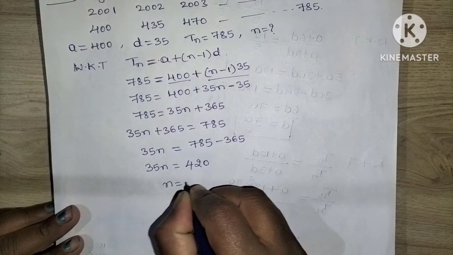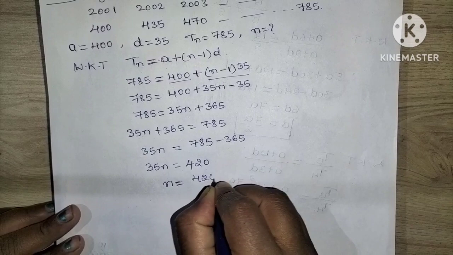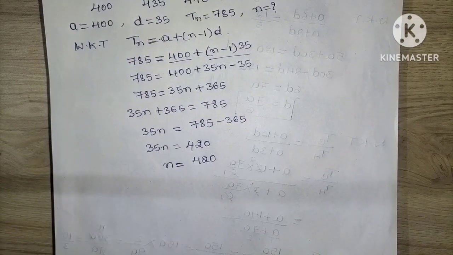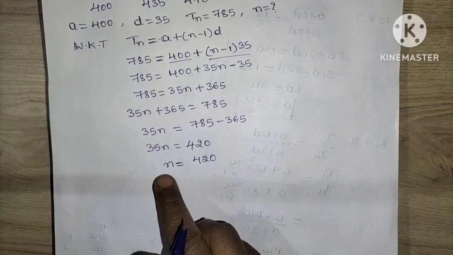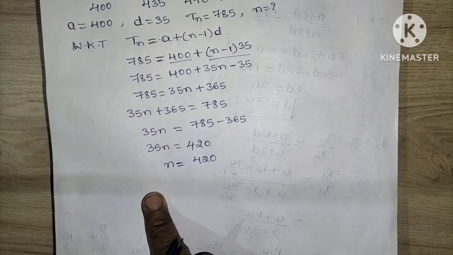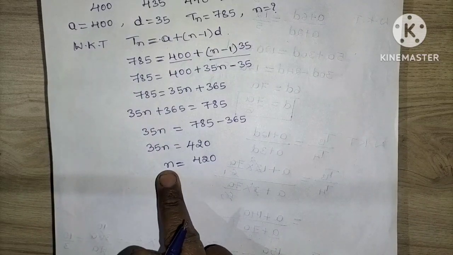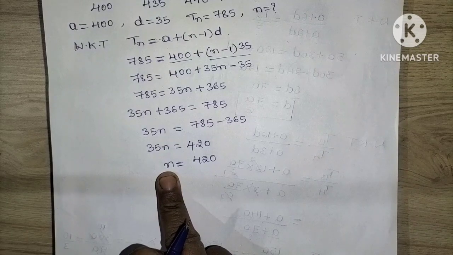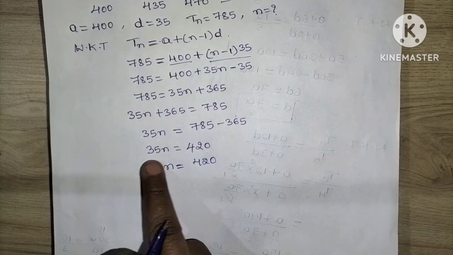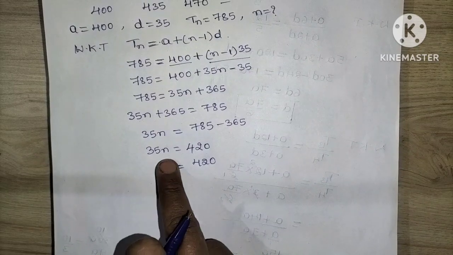So 35n is equal to 420. Again we have to send 35 from LHS to RHS. If we want to find the value of the variable, we have to make it alone on the LHS side. Then only can we find the value of the variable. Here 35 is multiplied with n.